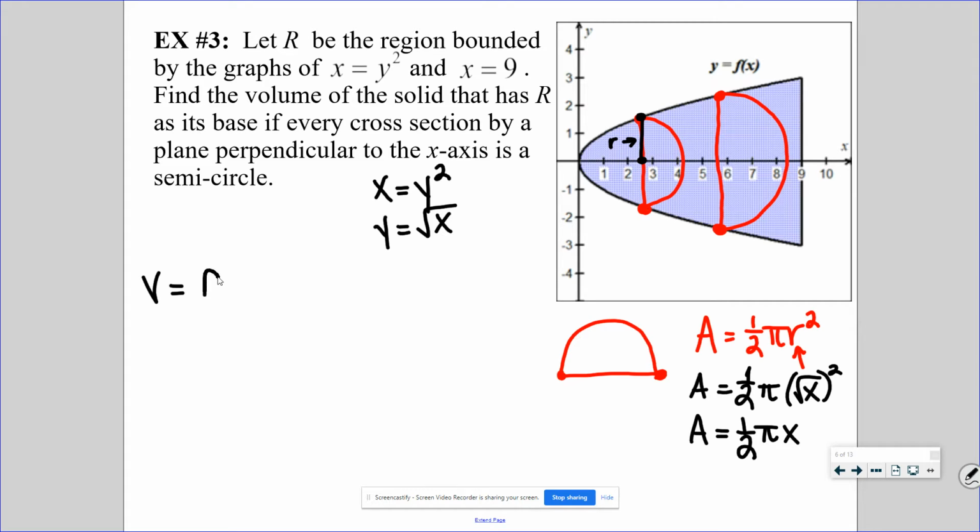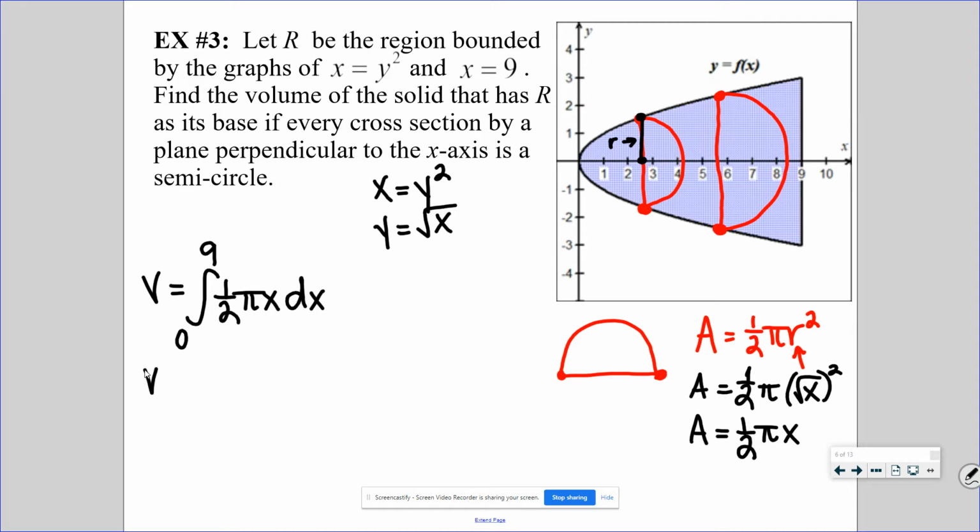That means that we are going to do the antiderivative, and this basically will add up the area of all these semicircles in this 3D shape. The area sweeps from 0 to 9. And then you put the area of one semicircle in your integral.